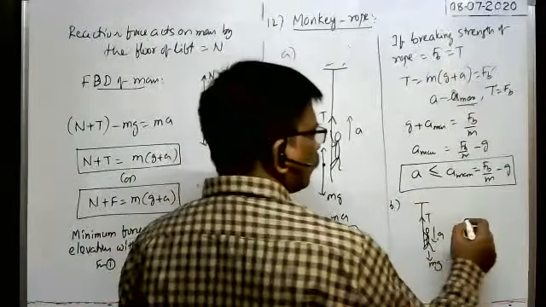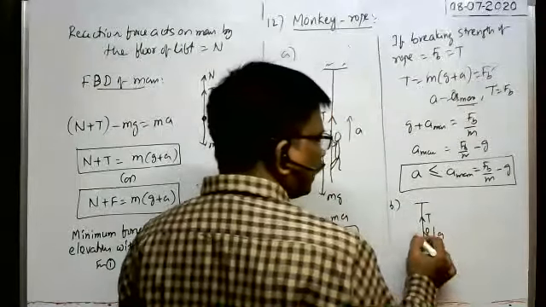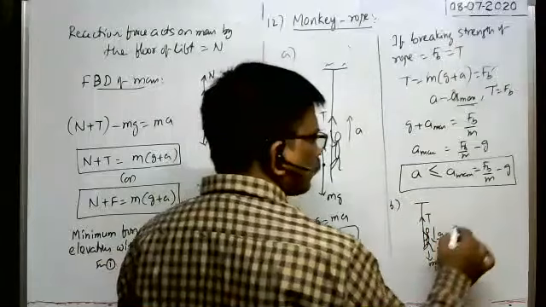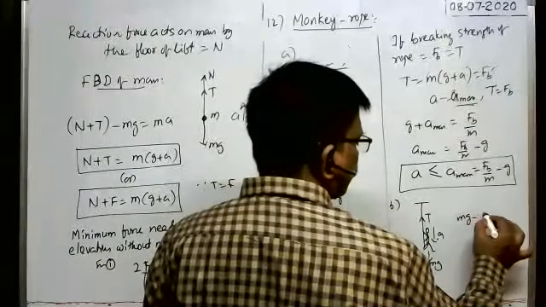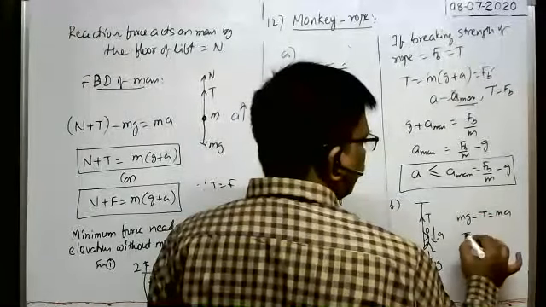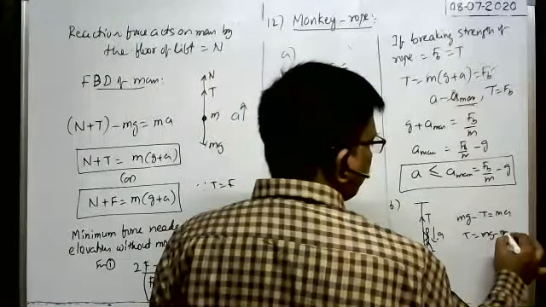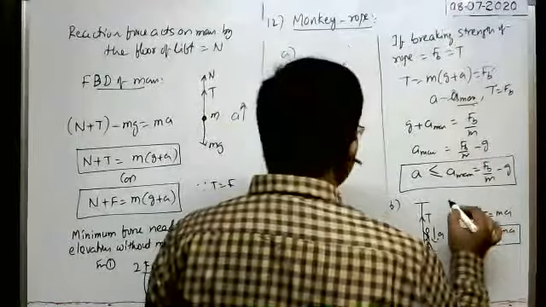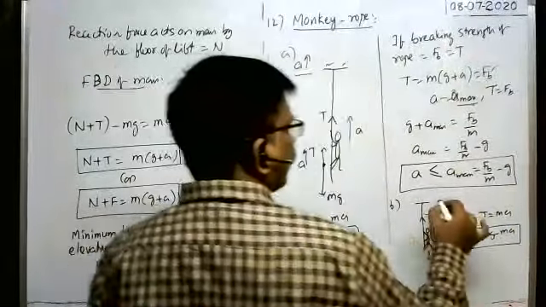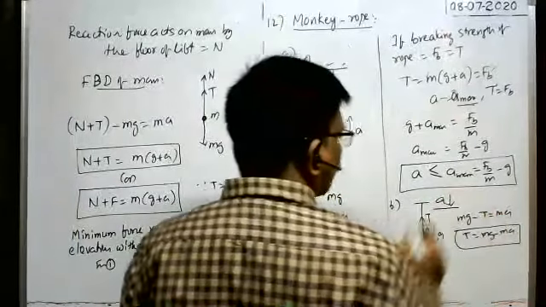On the monkey two forces act, mg downwards, T upwards. As the monkey comes down, definitely mg minus T is equal to ma, or T is equal to mg minus ma. It is the tension in the rope. The earlier one is the case whenever the monkey climbs upwards. This is the case whenever the monkey comes down with an acceleration A.